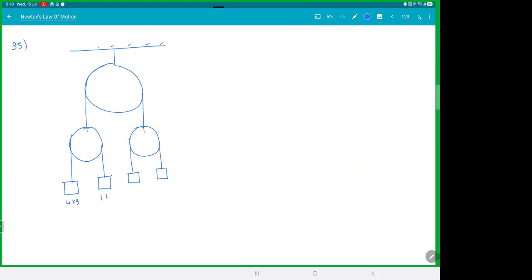Four kg, 1 kg, 3 kg, 2 kg. Find the acceleration of the blocks. If you try to do it normally in our process, you get 4 FBDs, 4 accelerations. Can be done. You'll get total 5 equations and you have to solve them. But with our pulley equivalent method, it can be done a little faster. So give it a try. Main thing is this.